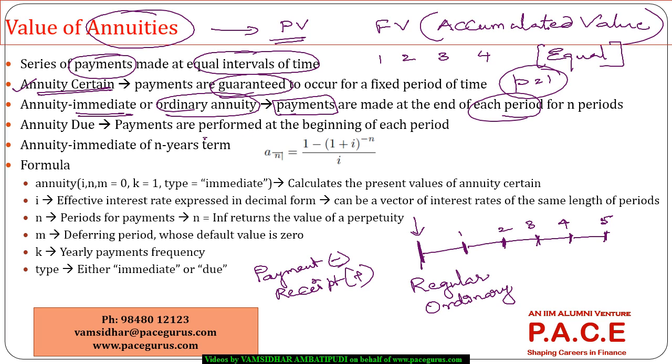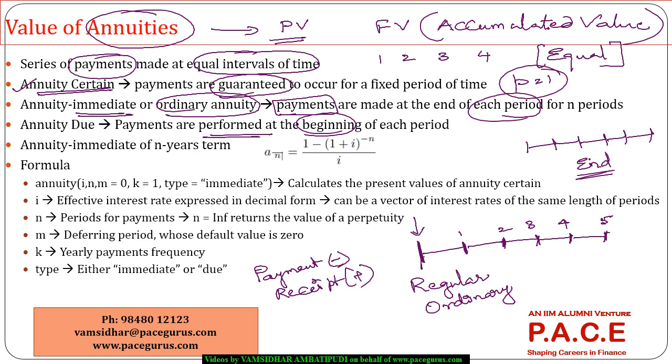But if the payments are done at the beginning of each of the periods, that's the only difference. We are talking about payments at regular intervals of time. If the payments are done at the end of each of the periods, we call it a regular annuity or an ordinary annuity. But if the payments are happening at the beginning of each of the periods, we are calling it an annuity due.